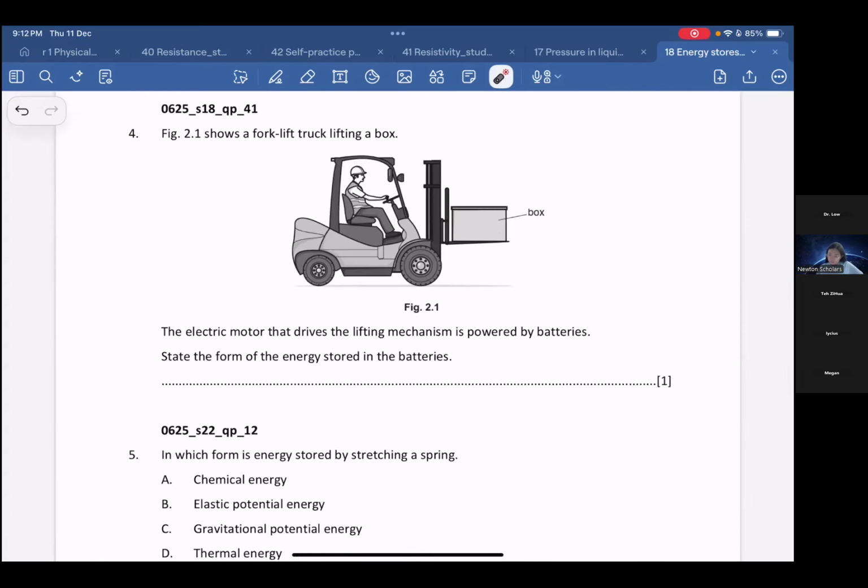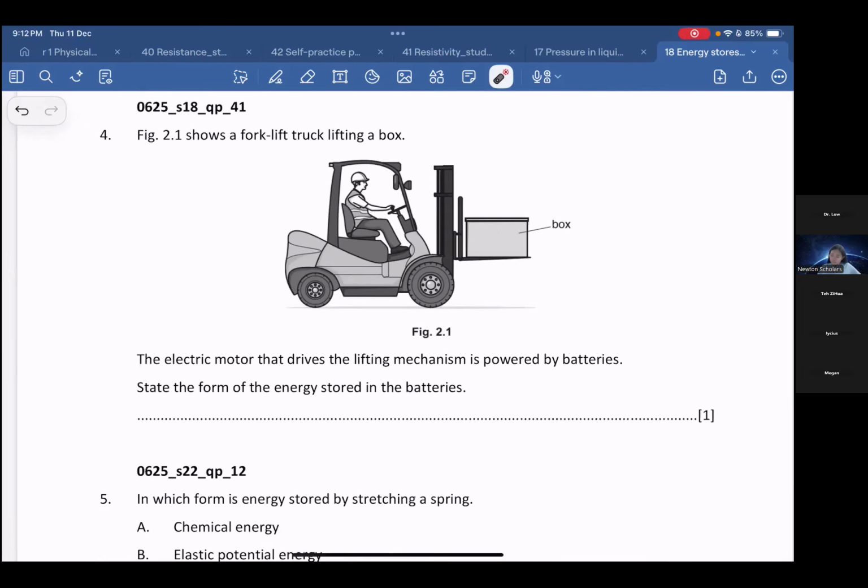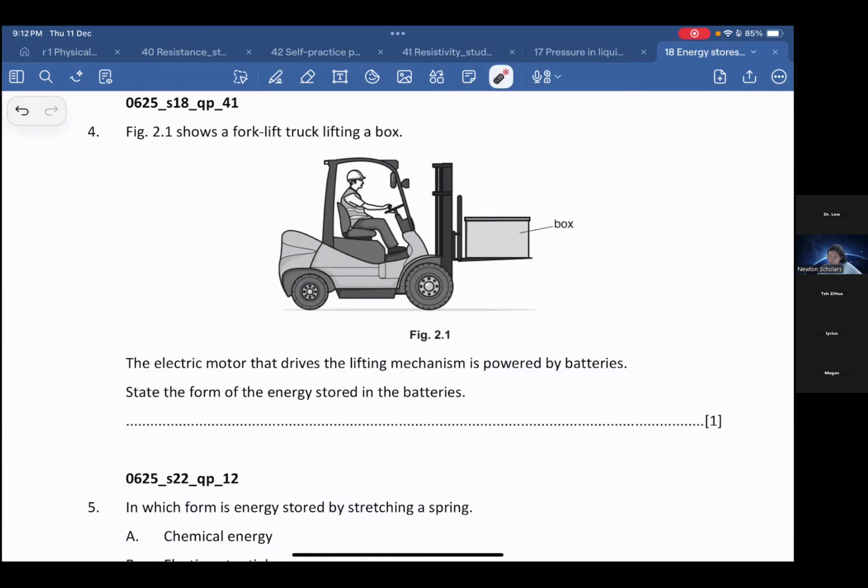Emily, okay. Okay, number 4, lifting a box. If I want to ask you what is the energy stored in the box? It gains what kinds of energy when lifting? Any of you can answer me?